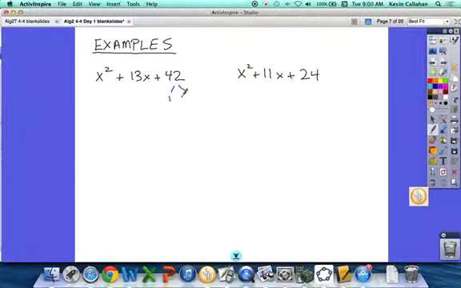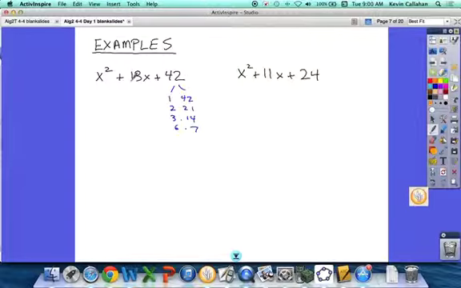It could be 1 times 42. It could be 2 times 21. It could be 3 times 14, and it could be 6 times 7. So any of these that you add up, do you get 13? The 6 and the 7, right?